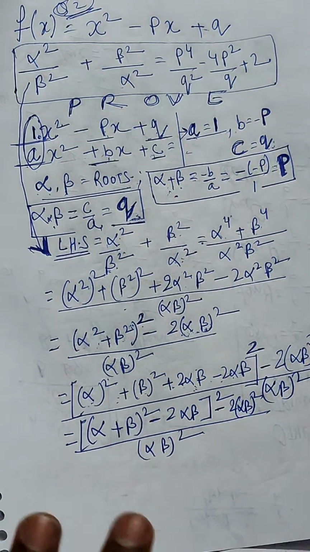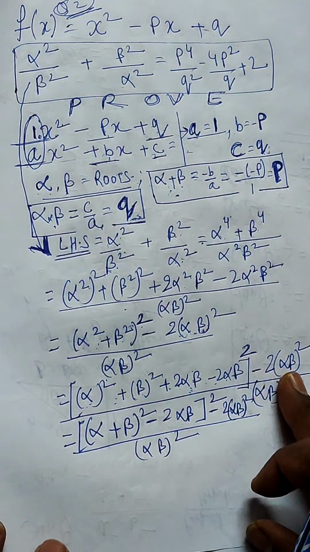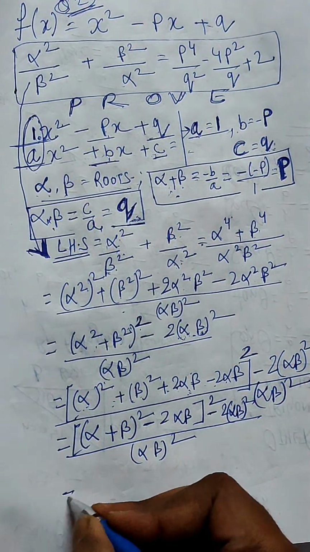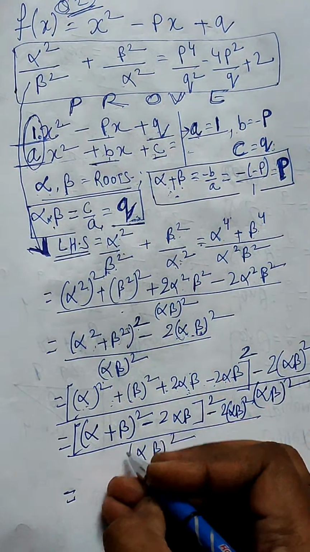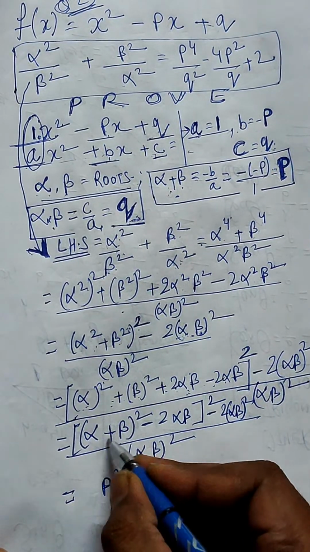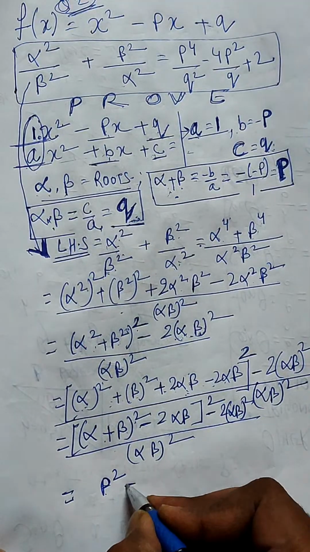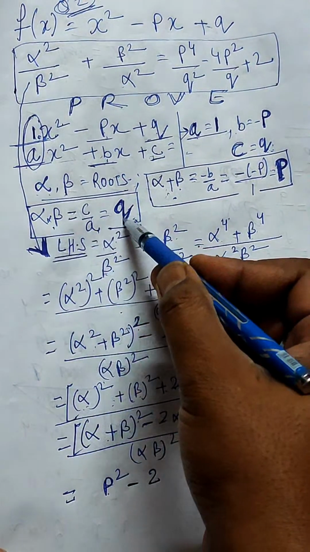Just a minute, I'm using this extra page so that we will need it. Now, the value of alpha plus beta we have already calculated as p, so we can write it as p square. Minus 2 times alpha beta, and alpha into beta is q.